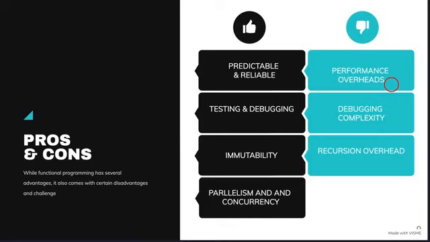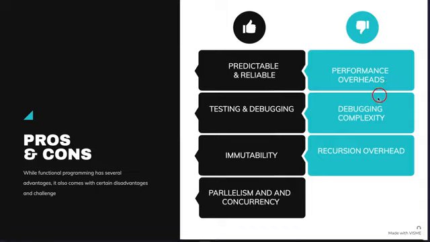Some functional programming languages, due to their emphasis on immutability and abstractions, can introduce performance overhead compared to low level languages like C or C++. While modern functional languages have made improvements, there can still be trade-offs in terms of execution speed and memory usage.